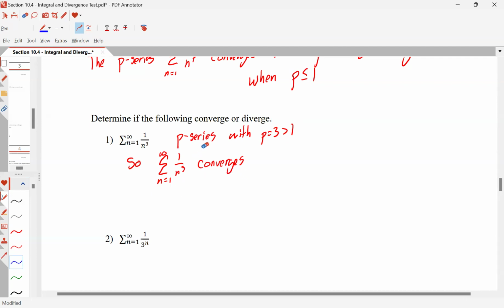The second one, because the 3 and the n are switched, this is actually geometric. This is actually the series n equals 1 to infinity of 1/3 to the n. So this is a geometric series test with r equal to 1/3 and a equal to 1/3 to the first, plug in the lower bound, a is also 1/3.